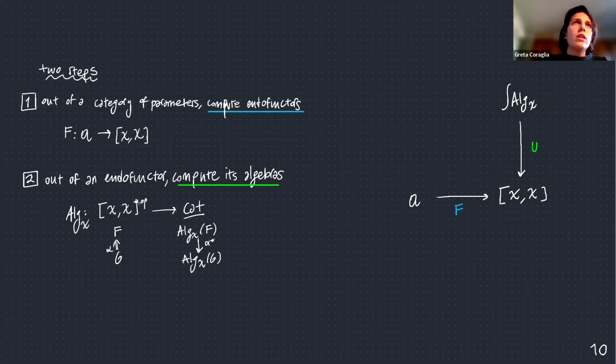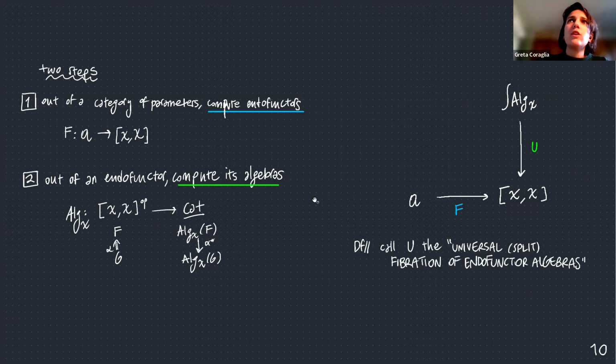So of course, we recall the Grothendieck equivalence. Out of a pseudo-functor, we get a fibration U. This is actually not just a pseudo-functor, it's precisely a functor, so what we get is a so-called split fibration. And we call this the universal fibration of endofunctor algebras.